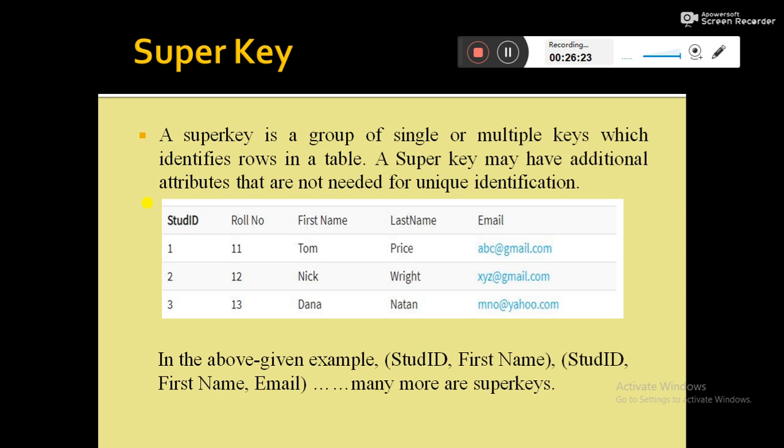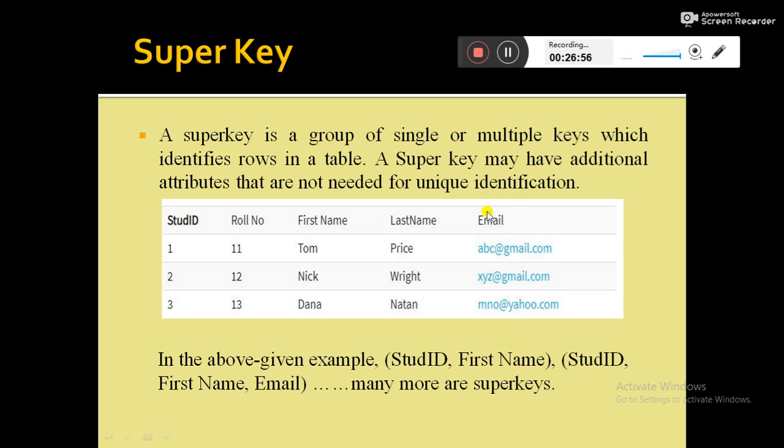Similarly, stud ID, first name, last name; stud ID, first name, last name, roll number; and stud ID, first name, last name, roll number, email also form super keys. That means by default, a super key can consist of all the attributes of a particular relation.